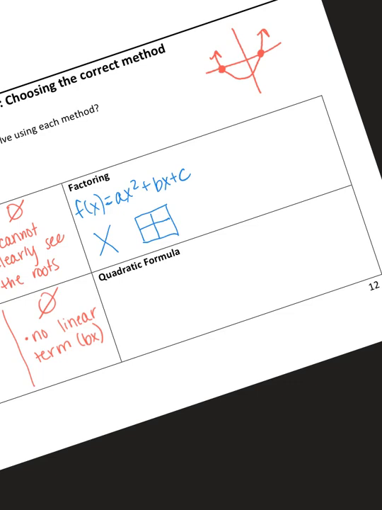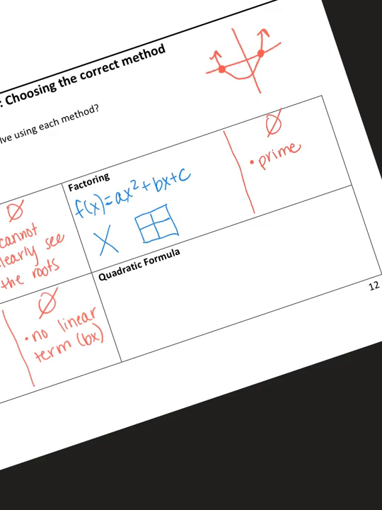When a quadratic is prime, you are not going to be able to solve by factoring. And remember, when we say solving by factoring, we're talking about the zero product property. Okay, so if a quadratic is prime, meaning it cannot be factored, then you are not going to use factoring.